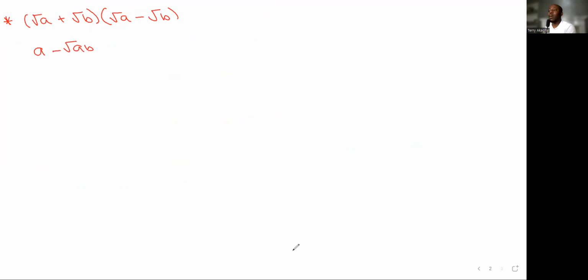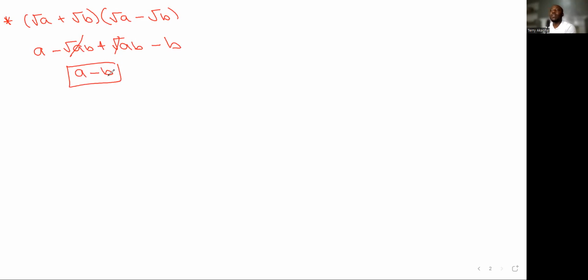Then when you also try it with others, root B times root A is going to give you root AB, and plus root B times minus root B will give you minus B. Minus root AB plus root AB will cancel out, and you'll be left with what? A minus B. So you can see after you multiply this kind of conjugate, the result had no surd in it.